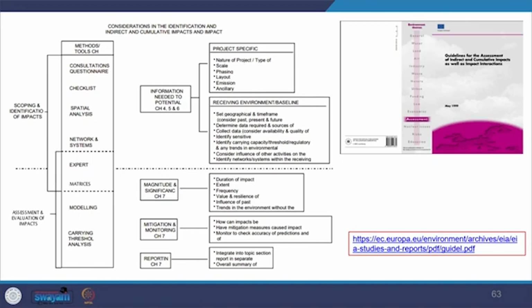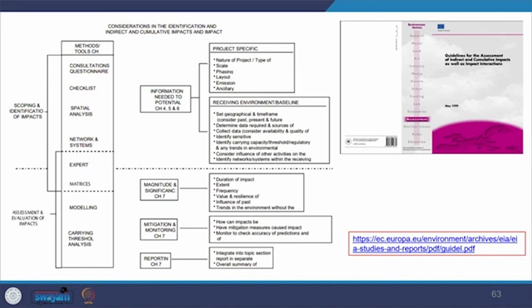And then assessment and evaluation of impact. You will see that expert and matrix analysis fall in both categories, so that's not a very strict line here. For assessment and evaluation, you can use expert matrices as well as modeling and carrying threshold analysis. So you know how much is really more and how much is less.